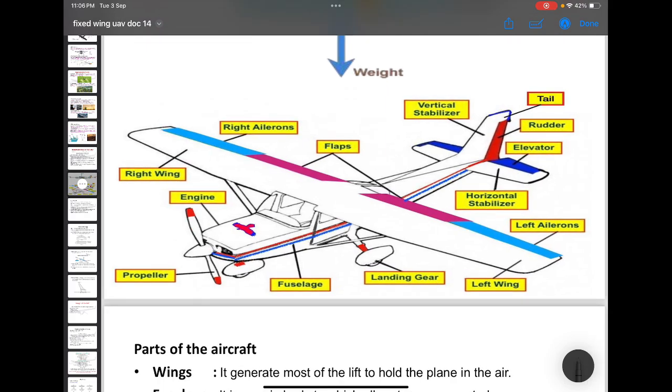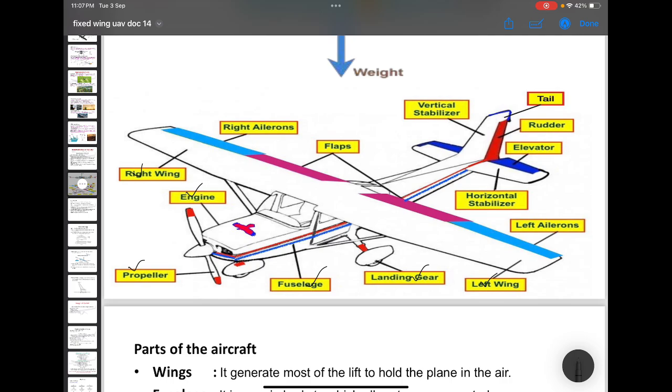And we will see some components of the aircraft. Okay, here we have some components. One is a propeller, one is an engine. Okay, and fuselage, landing gear, and wing, right wing and left wing. Okay, these are the components, and some more components are also there. These are nothing but control surfaces.